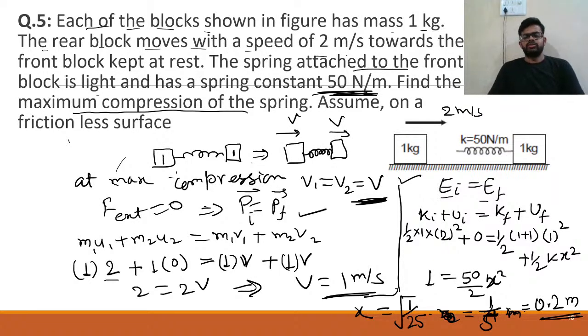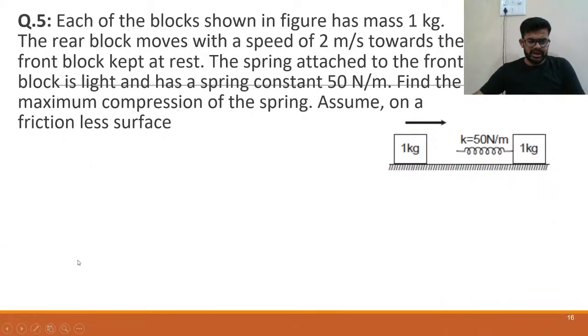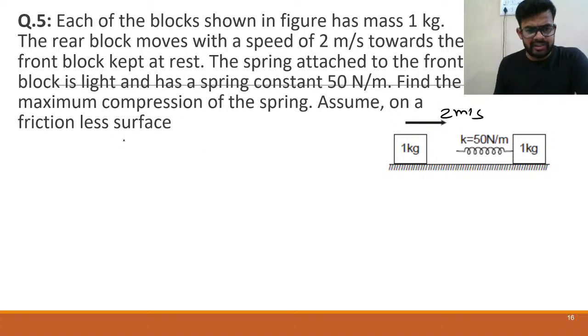That's all. So simply at first I applied the law of conservation of momentum, after that I applied the law of conservation of energy. Okay, so I think you understood it, right? If you did not understand, I am explaining once again for the last time. It is given that the velocity is 2 meter per second. So initial momentum will be equal to final momentum.